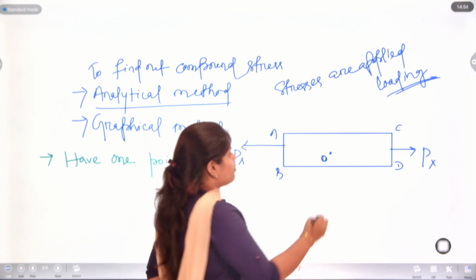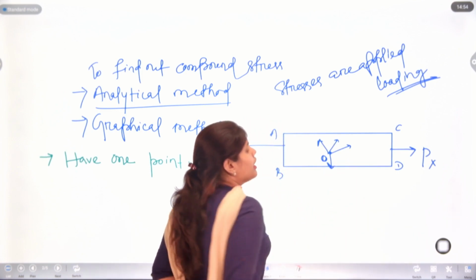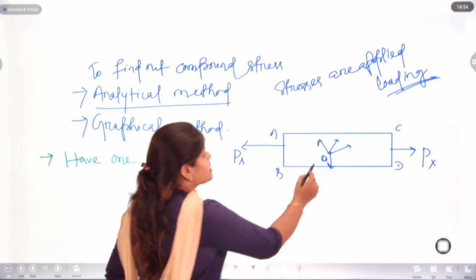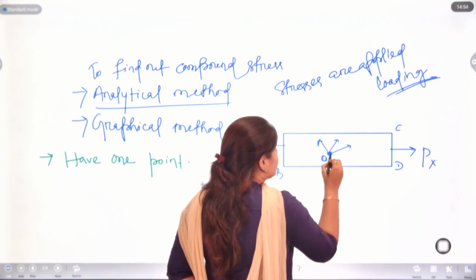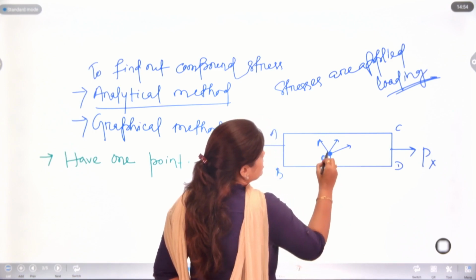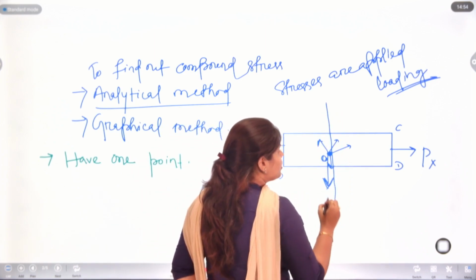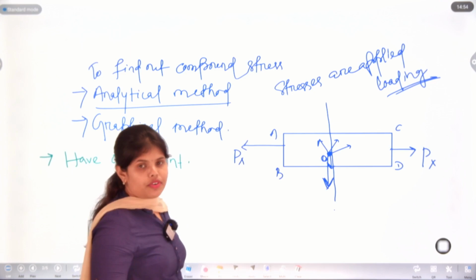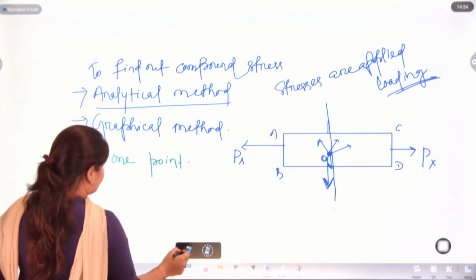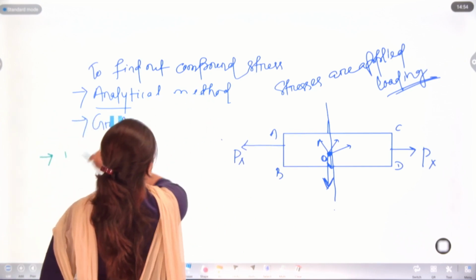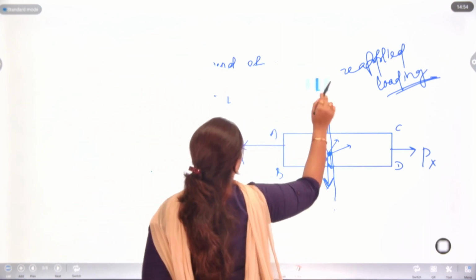There will be stresses in this direction, this direction, lots of stresses acting in any object. Till now we have known that stresses act at a point. So which plane will it act on? First, we will see a vertical plane, and calculate the stresses.